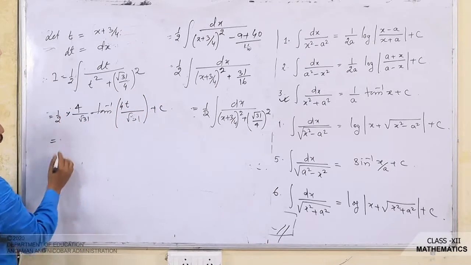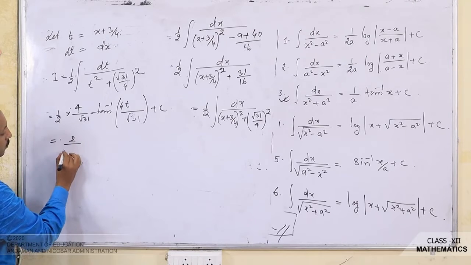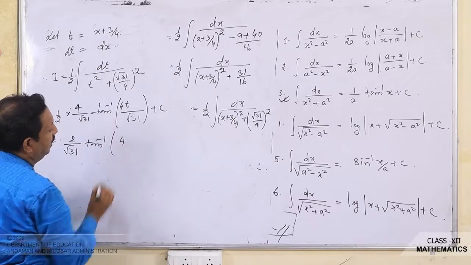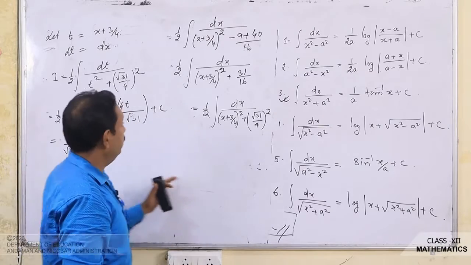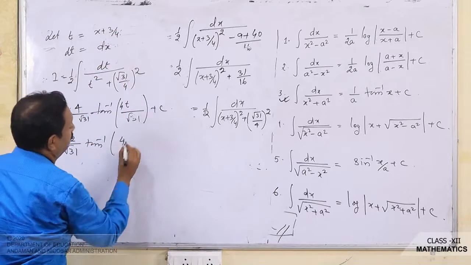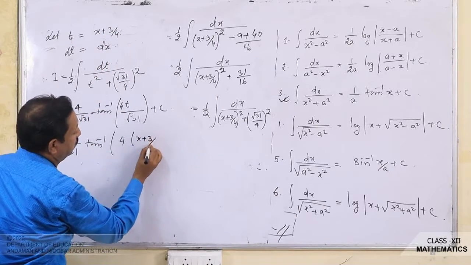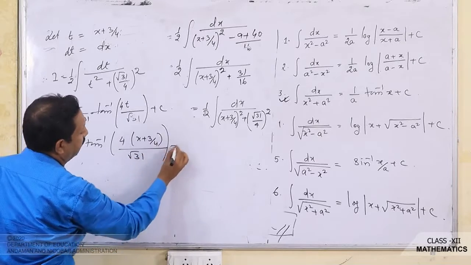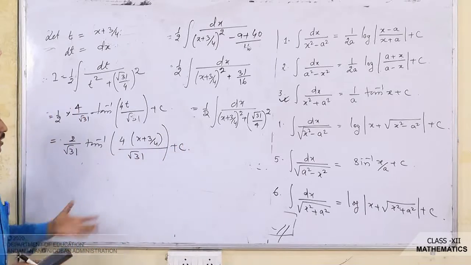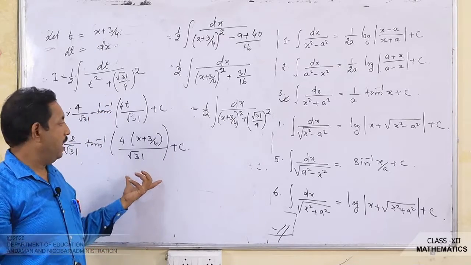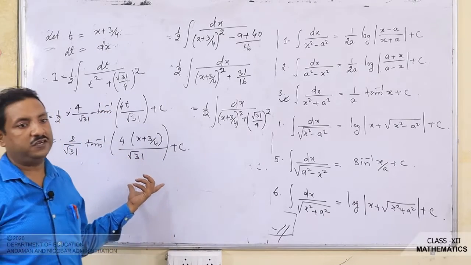Now 2 by 4 and 2 will give you 2 upon root under 31 tan inverse 4. T means what you have assumed? You have assumed t as x plus 3 by 4, x plus 3 by 4 by root under 31, and plus c. So, this way you can do some more calculation over here and you get your simplified result.